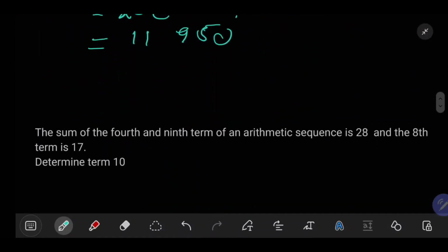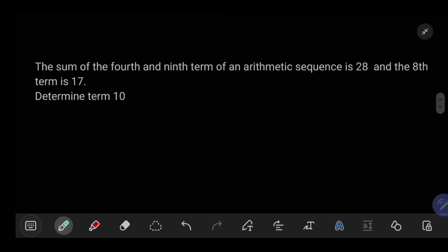Okay, so we can check on this one here. It says the sum of the fourth and the ninth term of an arithmetic sequence is 28, and the eighth term is 17. They want you to determine term number 10. So remember, they're saying the sum. You start to think of Sn, but in this case they said the sum of the fourth and the ninth term.